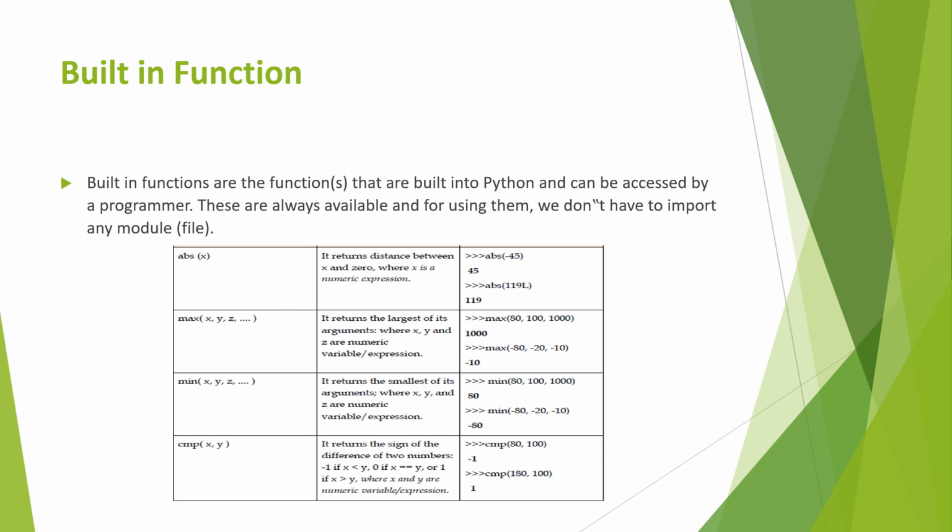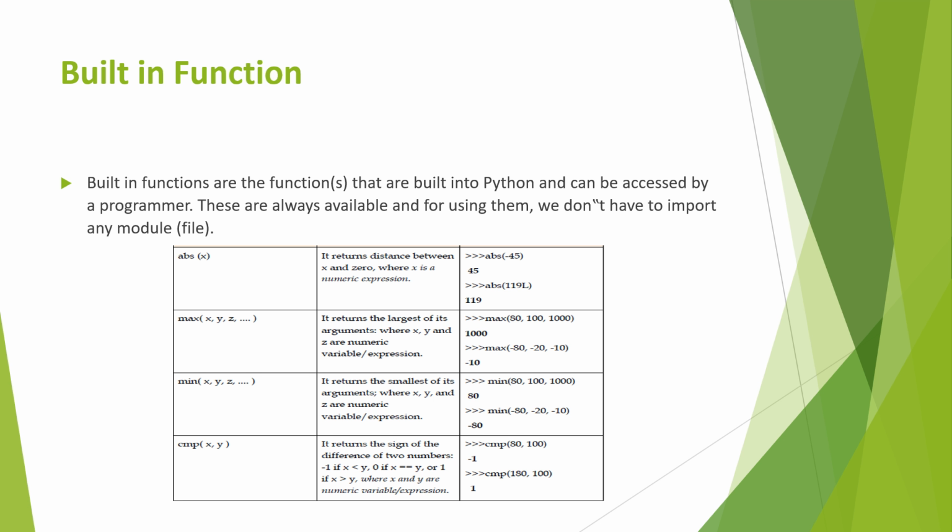Now there are other built-in functions which are commonly used, which is ABS, absolute value. Absolute value: when you give some negative value, minus 45, it will print 45. And for 119L, when it's a complex number, it will remove the complex part and give you only the absolute value, 119. Maximum of x, y, z.